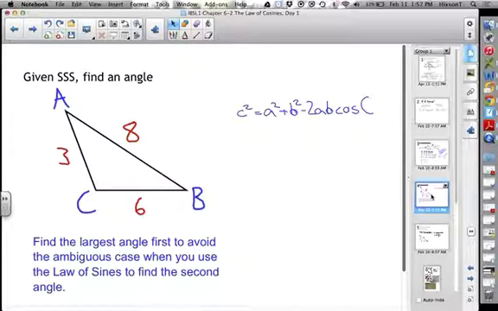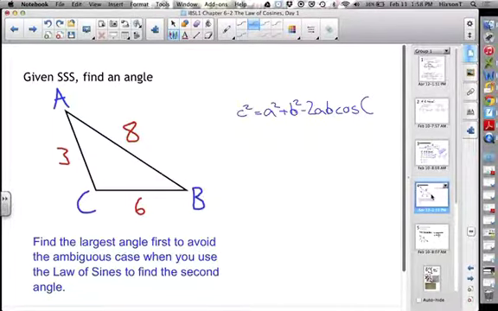So when you use the law of cosines, given side, side, side, go ahead and find the largest angle first. We could find any of the angles at this point, but it's helpful to find the largest angle first. Which one in this case is going to be the largest angle? C, okay? That's the only one that could possibly be obtuse.